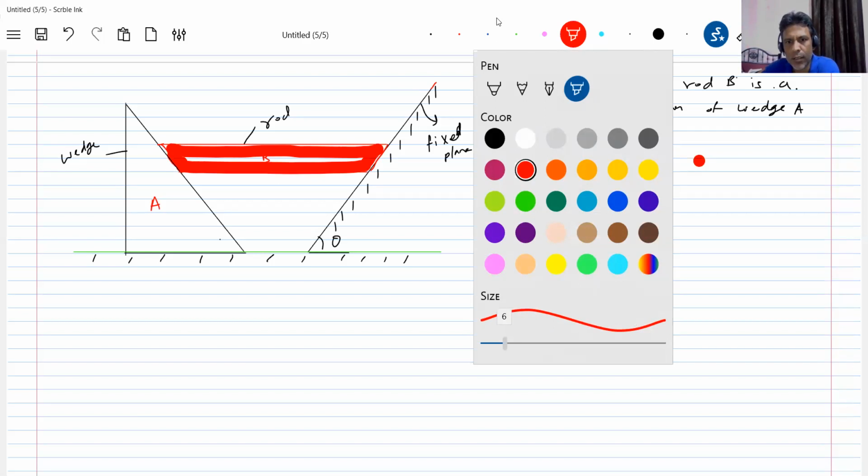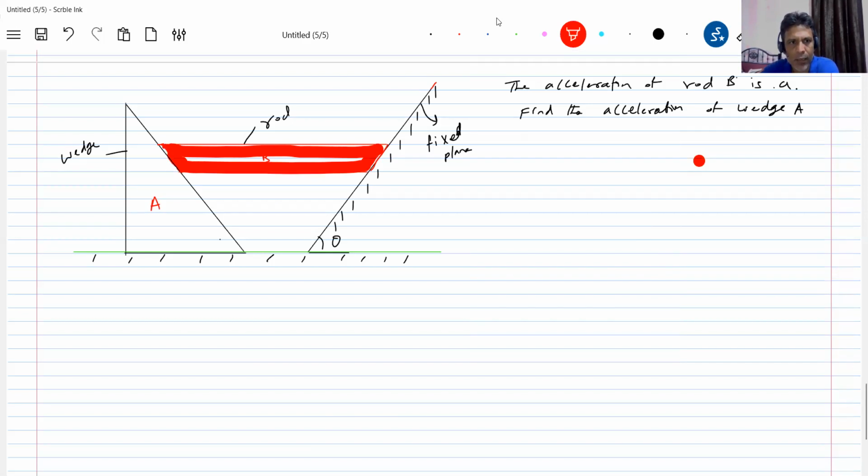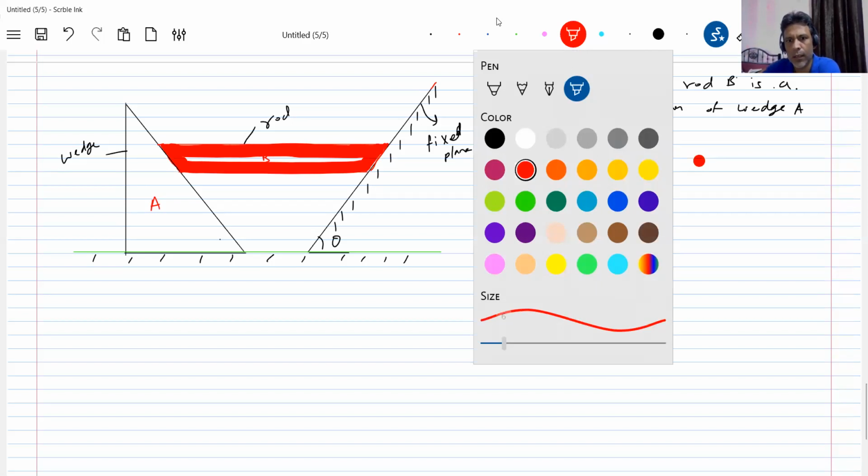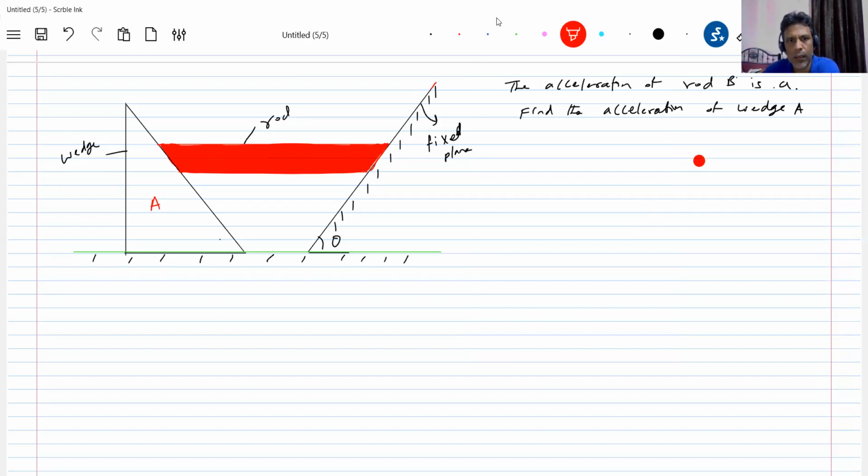Okay. Meanwhile, go for a free body diagram. I'll finish off the coloring part. Take help of the free body diagram.